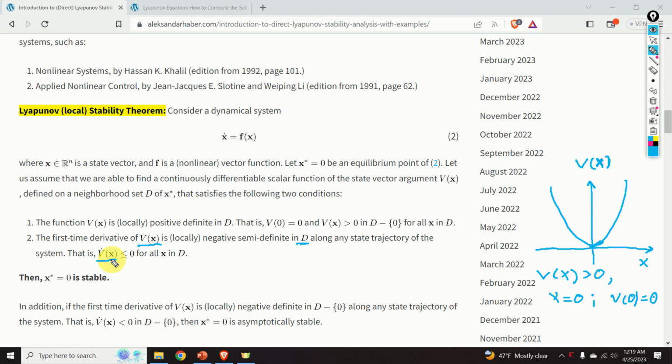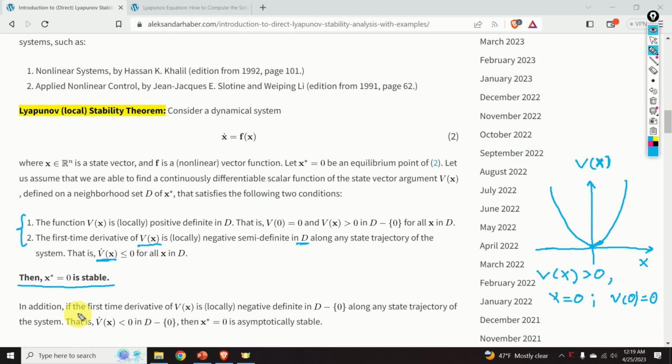That is, if we compute the first derivative of v along the trajectories of the system, then this derivative should not be positive, it should be either negative or equal to 0 for all x in D, that is, for all x that belong to the state trajectory of the system. If these two conditions are satisfied, then x star is stable.